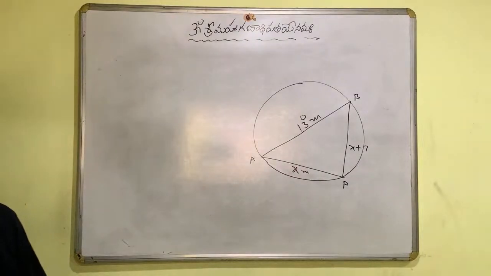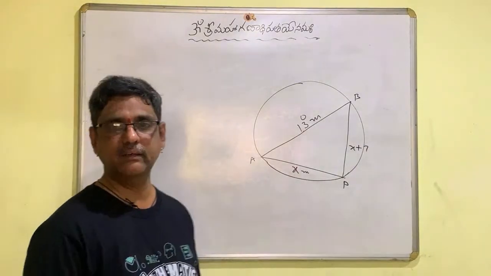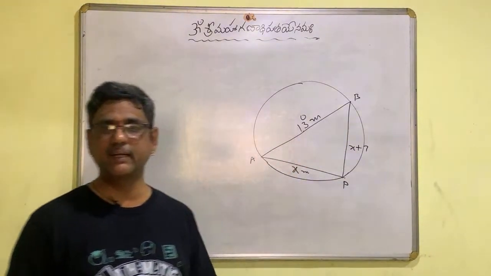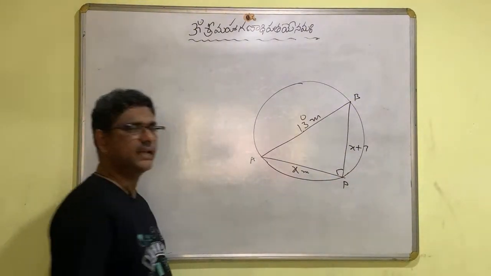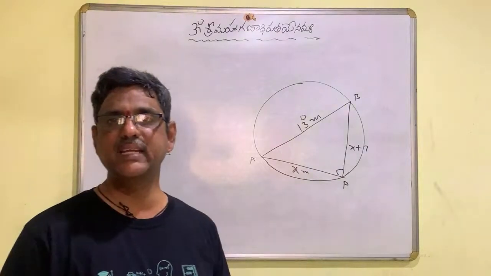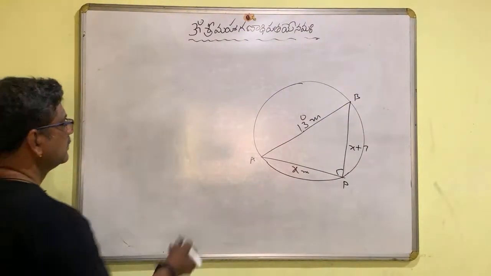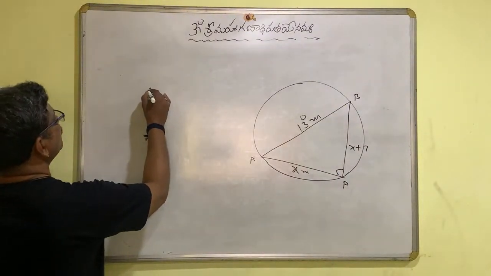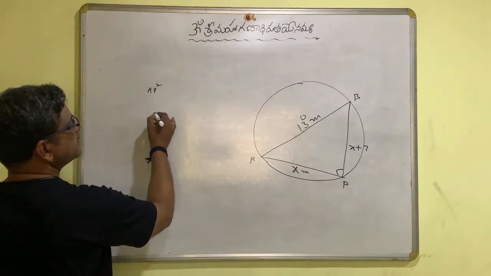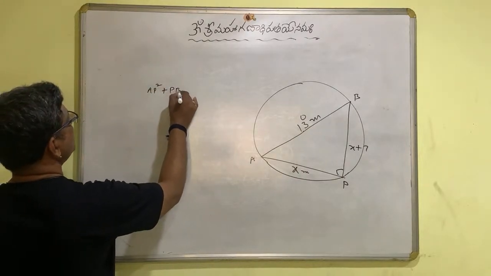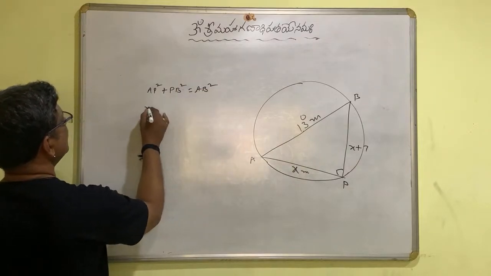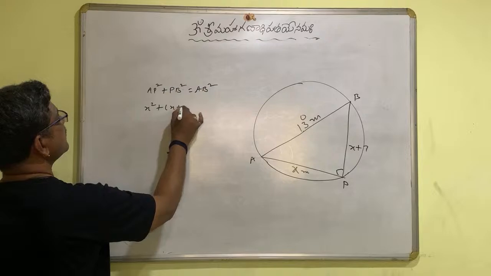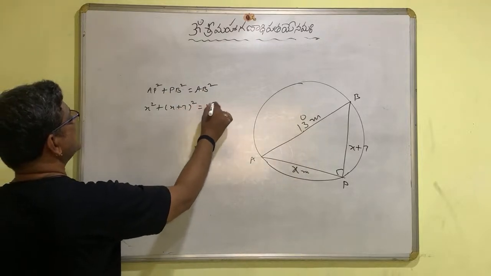Angle in a semicircle, because AOB is the diameter. So angle APB is angle in a semicircle, so it is 90 degrees. Now, according to Pythagoras theorem, AP square plus PB square is equal to AB square. x square plus (x plus 7) whole square is 13 square.